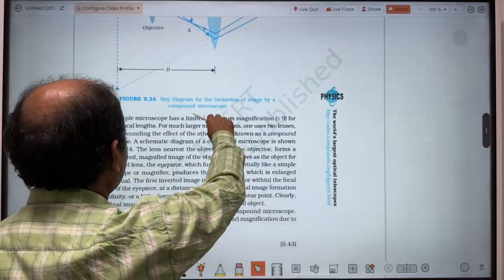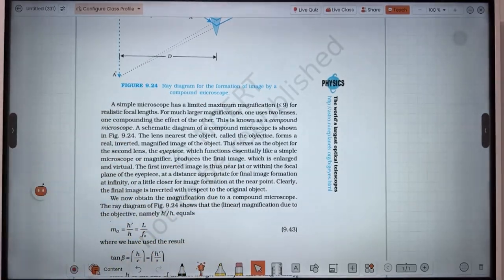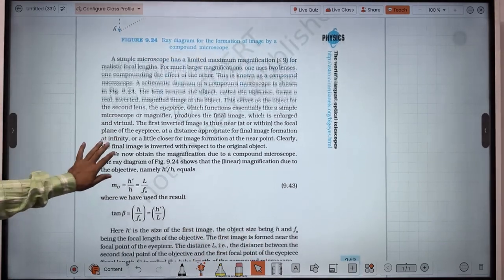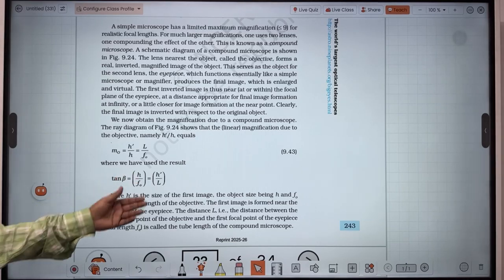Now we are going to do some calculations. So the magnification produced by the first lens will be h dash upon h, and that will be L upon f(o), right? And the logic is very simple.